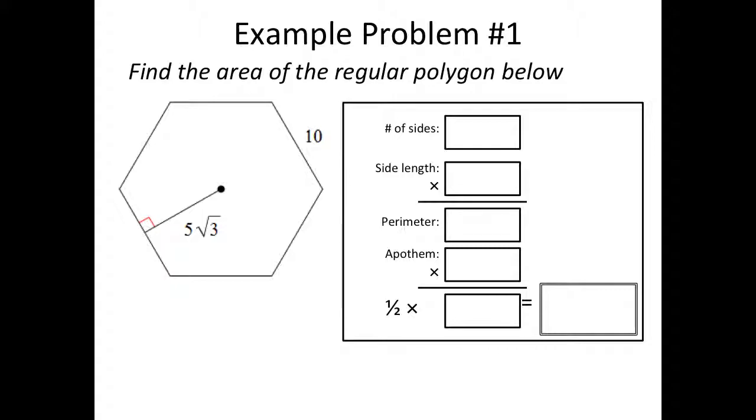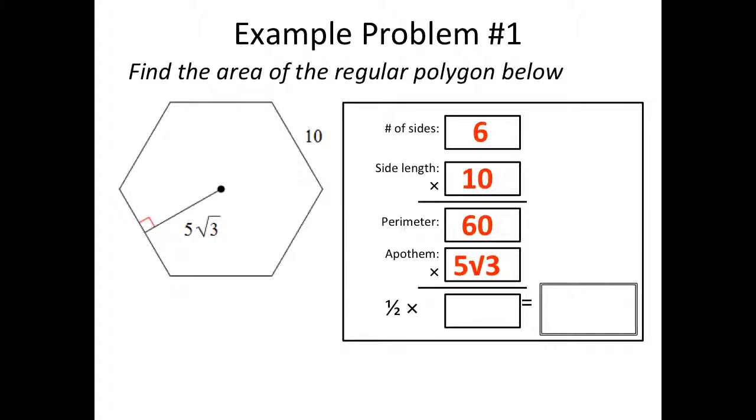So here is my graphic organizer. It tells me all the information I need. The first thing I have to plug into it is how many sides I have. If I count these out, I see I have 6 sides. The length of each side is 10. As our graphic organizer says, I'm going to multiply them together. 6 times 10 is 60. That's my perimeter. Now I have to plug in my apothem. In this case, it's 5 root 3.